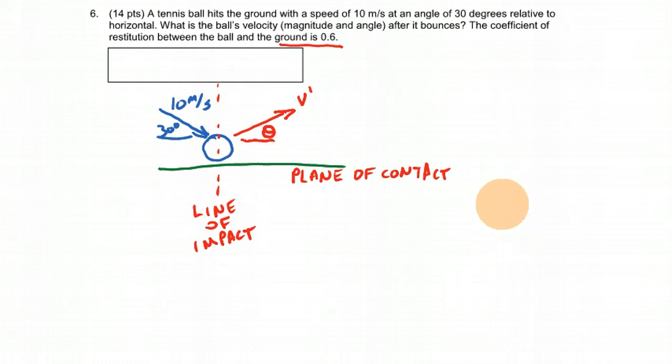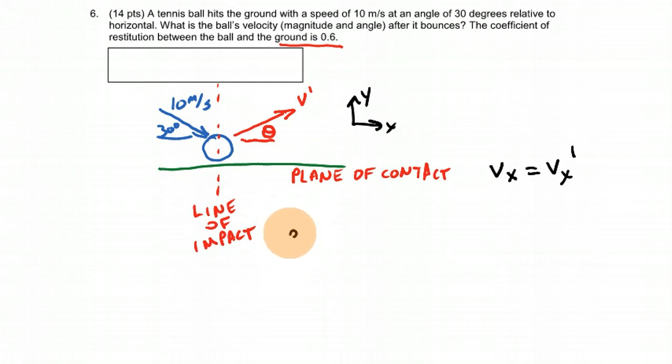When we developed our coefficient of restitution, we said that the velocity along the plane of contact, let's call this x and y, is going to be unchanged. So Vx is going to be Vx prime along the plane of contact. Along the line of impact, we used our coefficient of restitution equation.